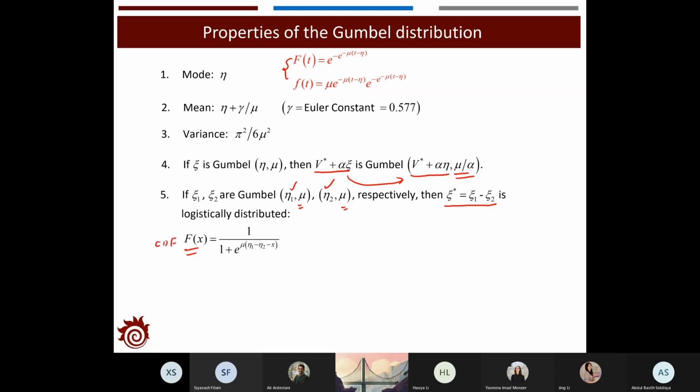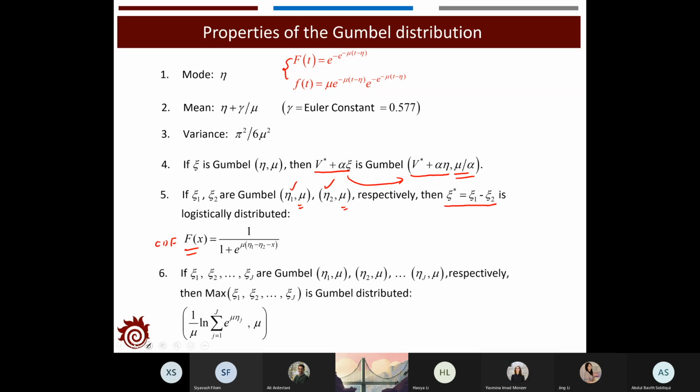The CDF is 1 divided by 1 plus exponential of mu times (eta 1 minus eta 2 minus x). This describes the distribution of the difference between two Gumbel variables, which is quite useful for making a comparison between two utilities.